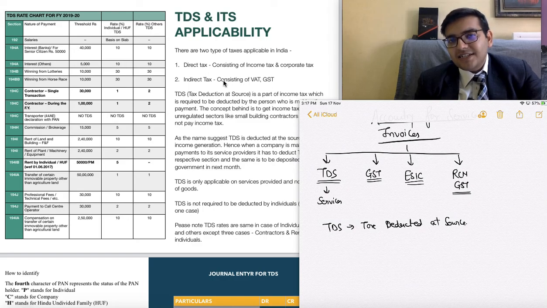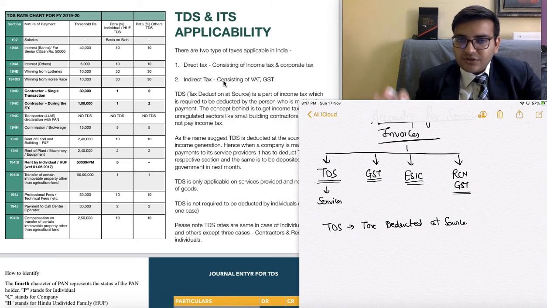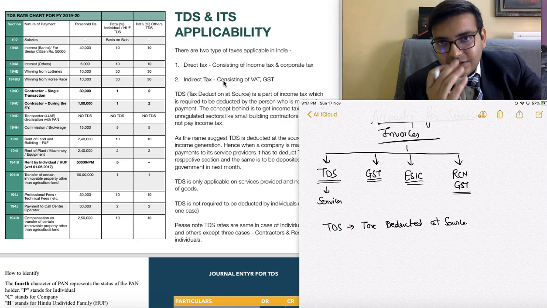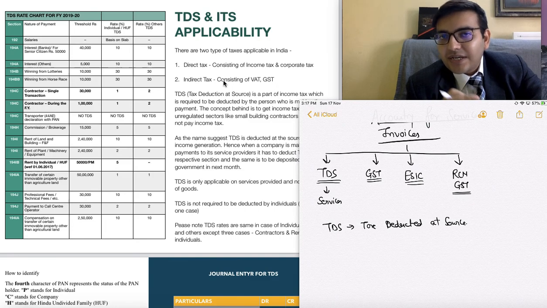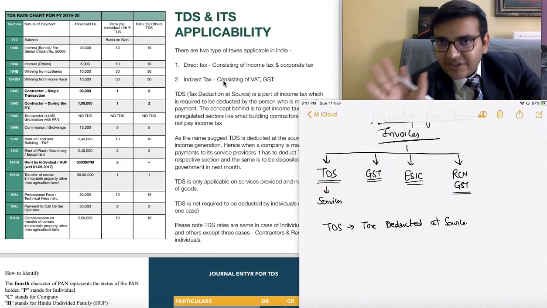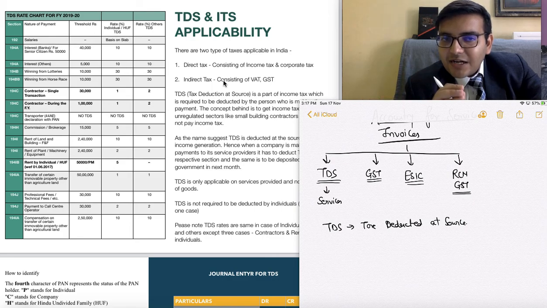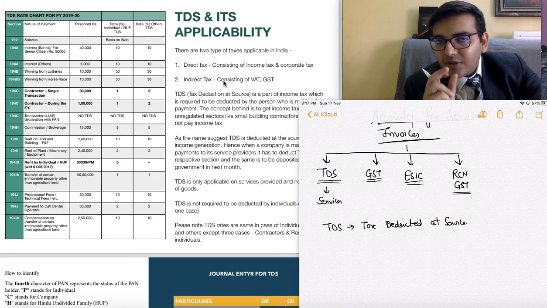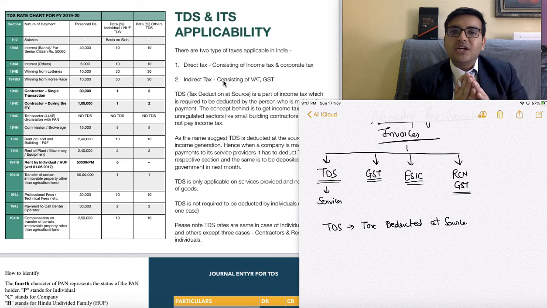So what the government did is, they said the person who is paying X amount of money to these contractors will deduct a certain amount in the name of TDS, which is again a part of income tax.